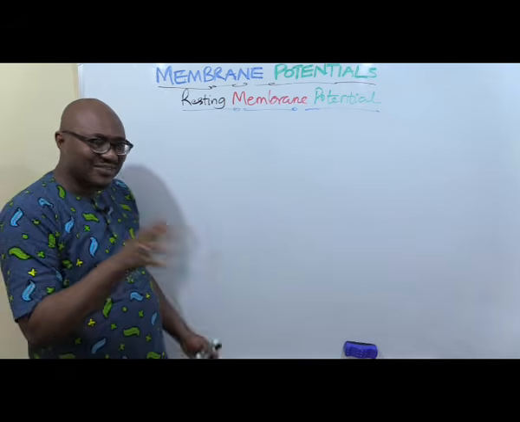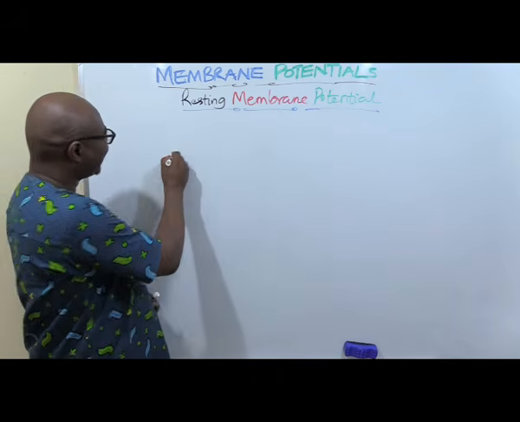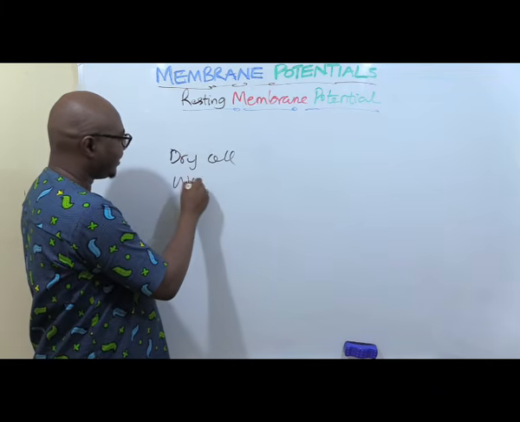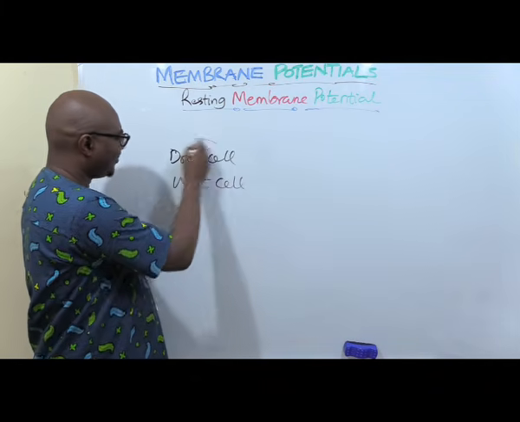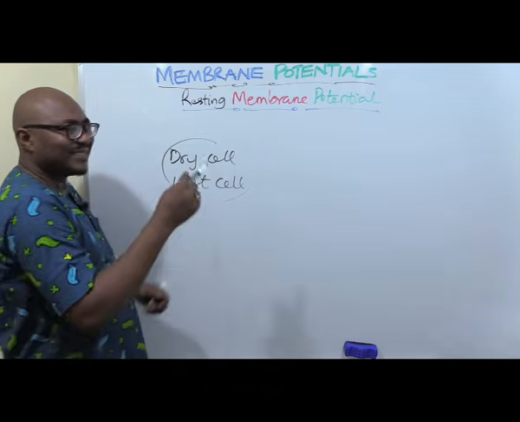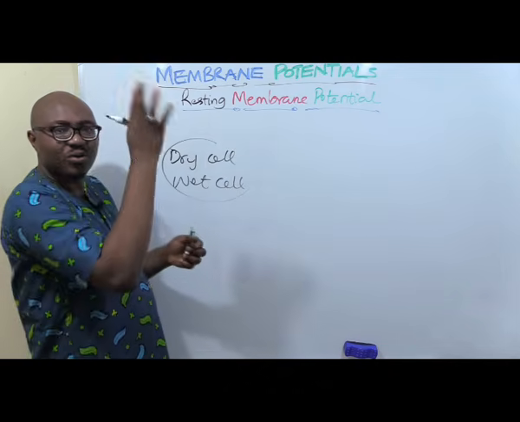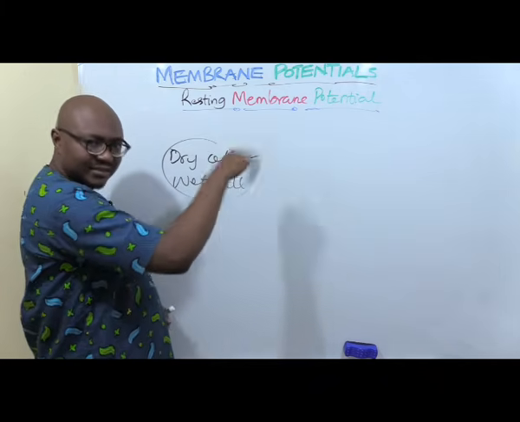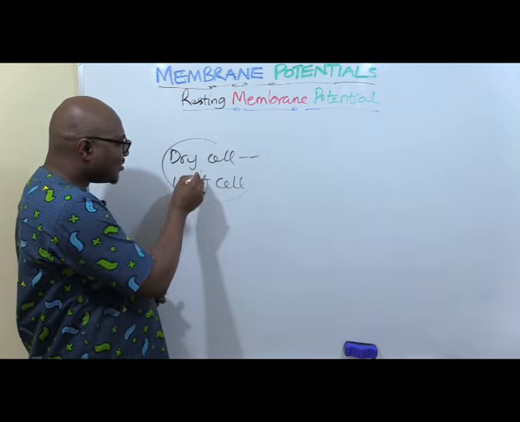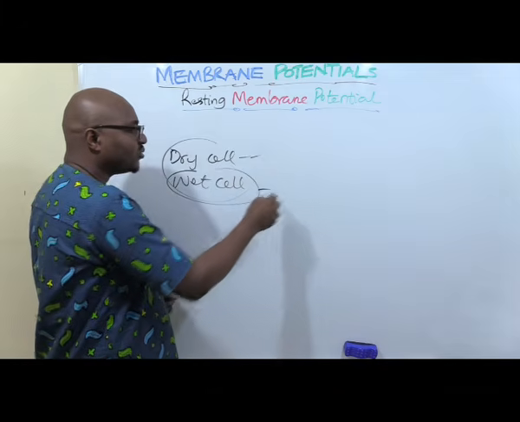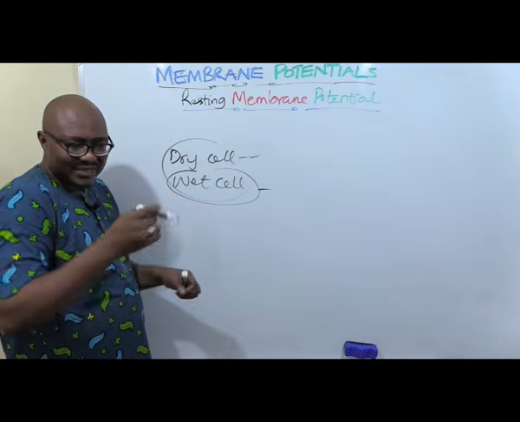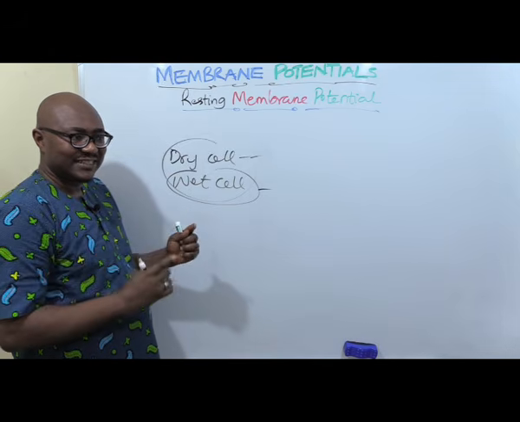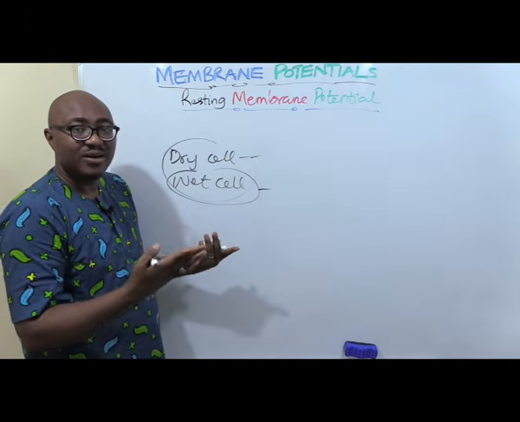You have a dry cell and you have a wet cell, from your chemistry or physics. All the batteries you put in your wall clock are dry cells. They generate electricity. Then you have the wet cell, like the car battery. There's liquid inside, a solution that generates electrical current.